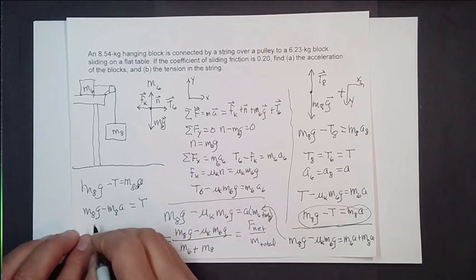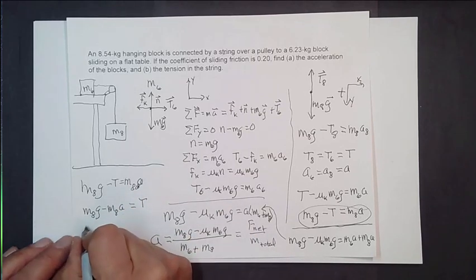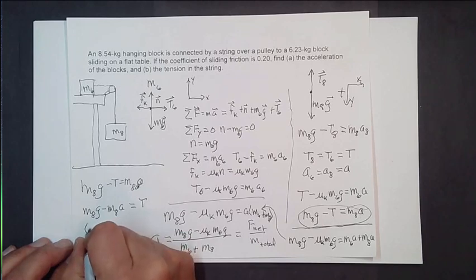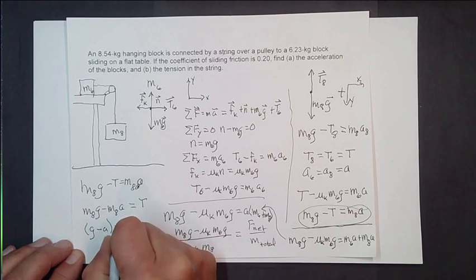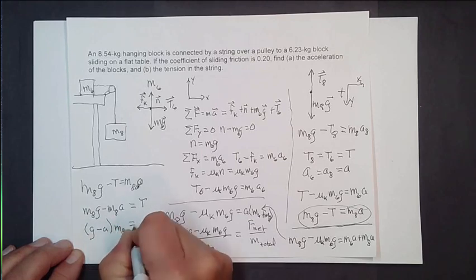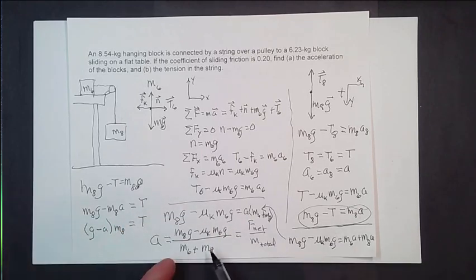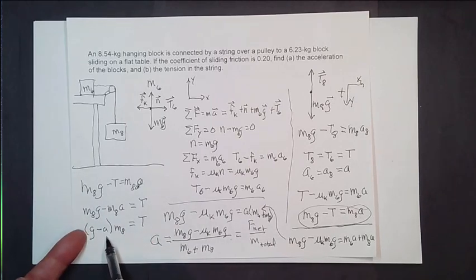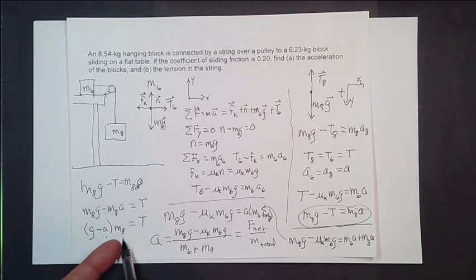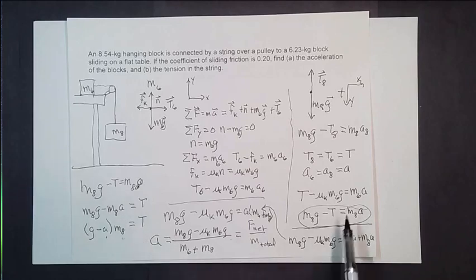And then I can factor this, and I'll have g minus a times m8 is equal to the tension. And then since you would have calculated the acceleration here, you just have a simple subtraction in here. You multiply it by the mass of the 8 kilogram one, 8.54 kilogram, and you'd have the tension. So that's the easy one to solve. The other one is a little bit more work, but not that bad.